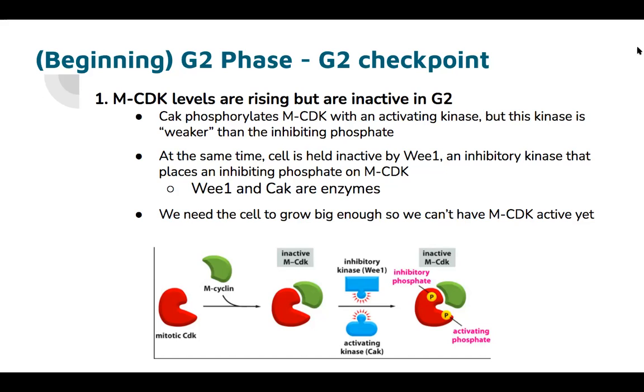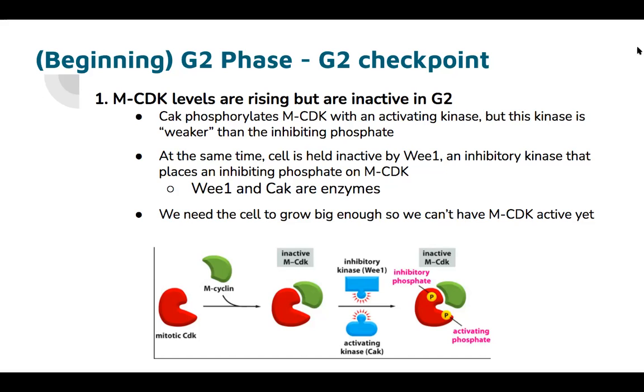One is activating and one is an inhibitory kinase. So you have, as you see here, the activating kinase CAK and then the inhibitory WEE1. And this is important for the cell to pause and make sure that the CDK doesn't start prematurely, right?